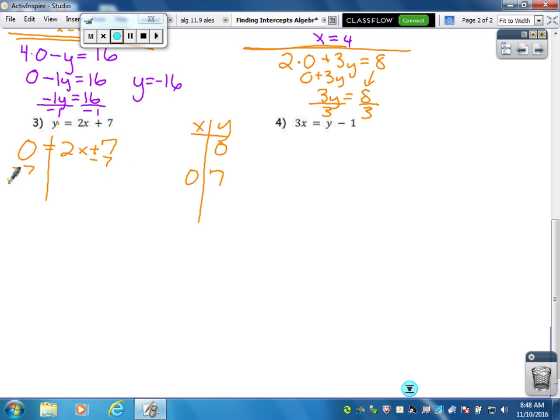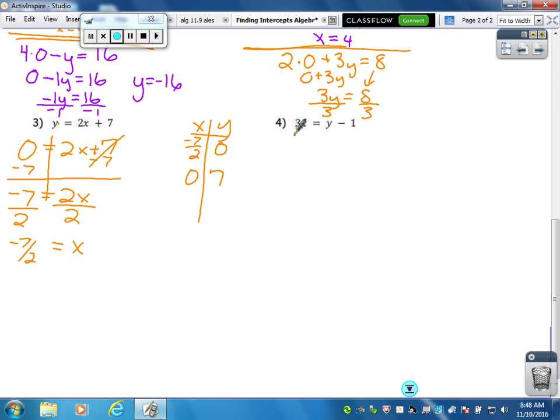Instead, I need to subtract away, get negative 7 equals 2x, divide by 2, and here's another example where this one would have been hard to see on a graph because it's a fraction. So just leave this in its fraction form, reduce it if possible. So your x-intercept was negative 7 over 2, your y-intercept was 7.